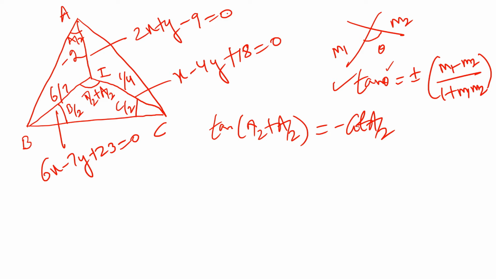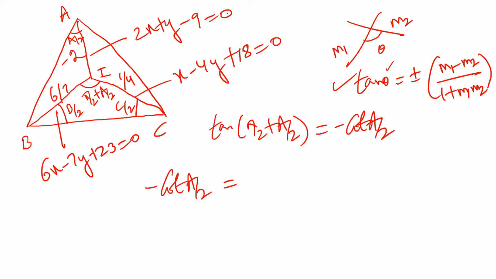Fine. Now students, you can see the slope of IB is 6/7, slope of IC is 1/4. So minus cot A/2 will be equal to how much? I know that this cot A/2 has to be positive because A/2 is going to be acute.